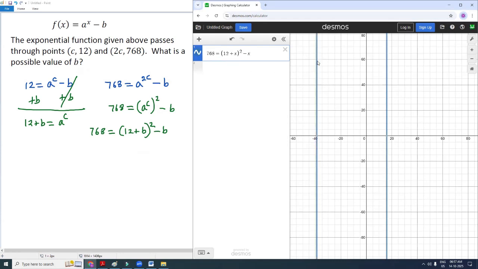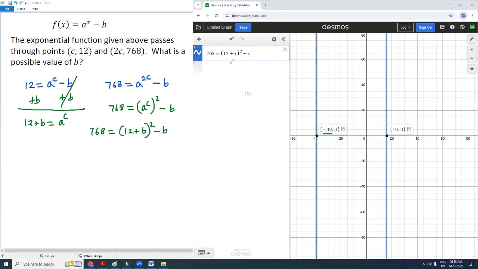Now to get the values of x in this equation, let's consider the x-intercepts of the graph. Here we get two x-intercepts, because the equation we have given as input is a quadratic equation. Let's consider the x-coordinates, negative 39 and 16.